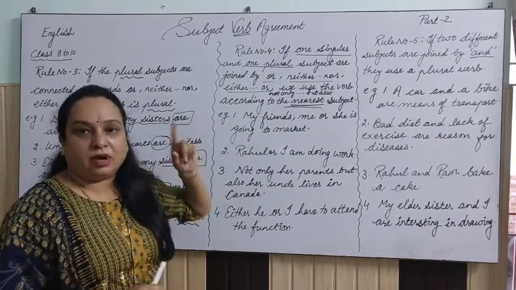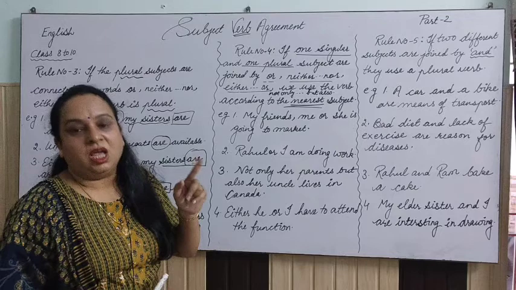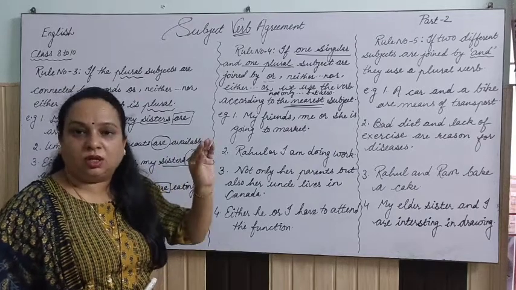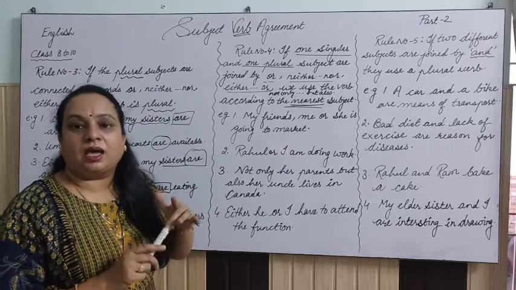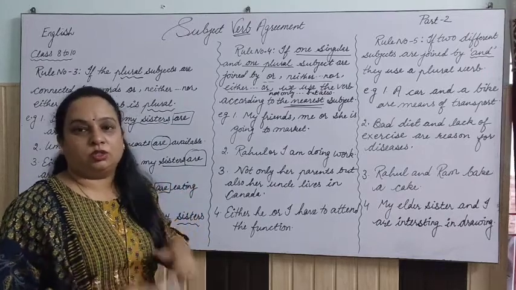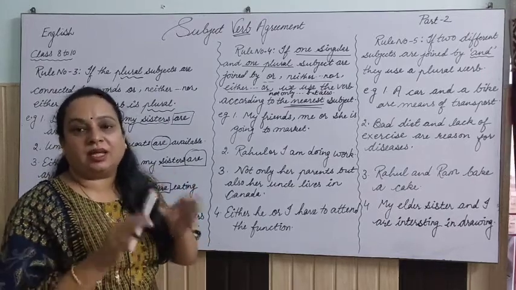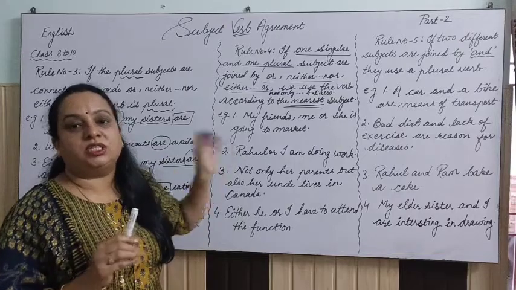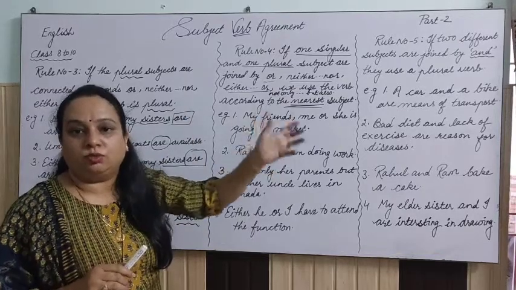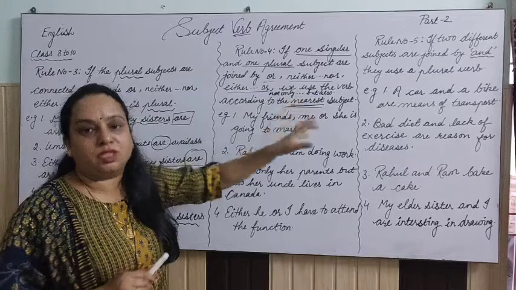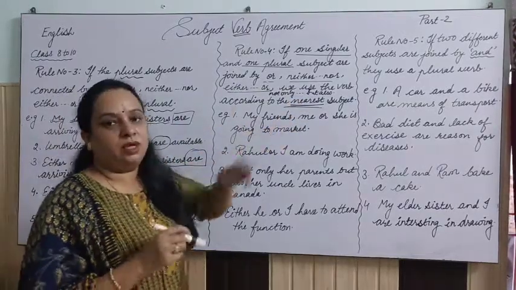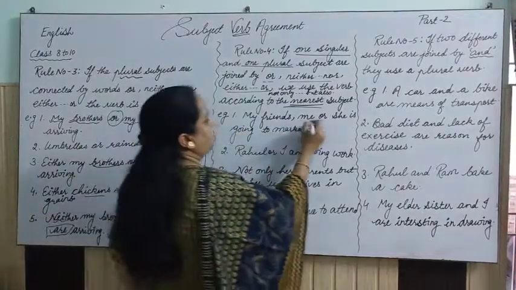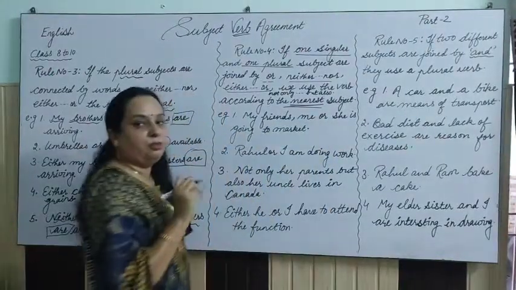If one subject is plural, one subject is singular, and they are attached with or, neither, nor, either, or, not only but also, then we have to attach the verb according to the nearest subject. For example, my friends, me or she is going to market.